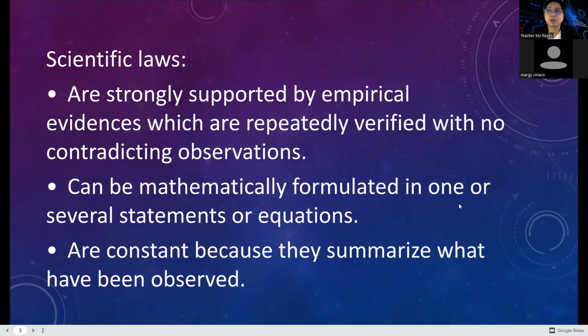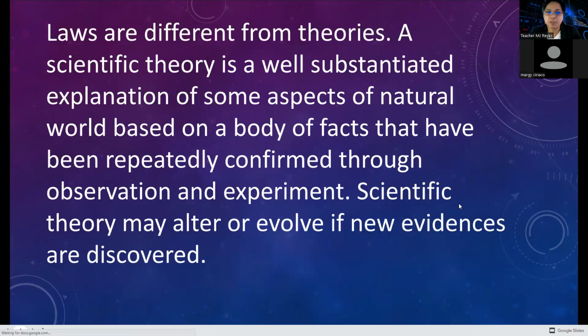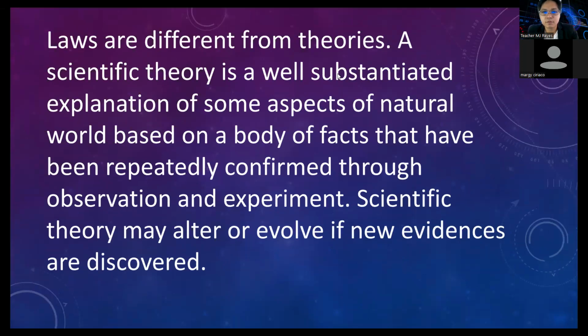So how can we formulate this one? Scientists formulated this because of constant observation. Laws are different from theories. A scientific theory is a well-substantiated explanation of some aspects of the natural world based on a body of facts that have been repeatedly confirmed through observation and experiment.